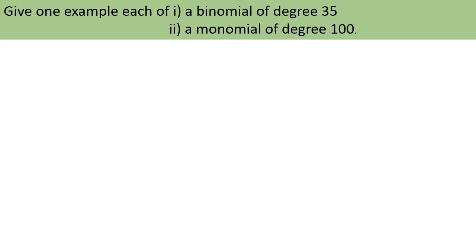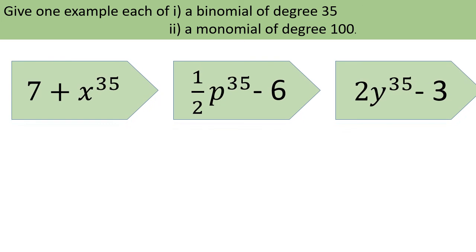Give an example each of a binomial of degree 35 and a monomial of degree 100. You can write any variable, but you should have the highest degree as 35 and the highest degree as 100. Here I have given you 3 different ways of writing.